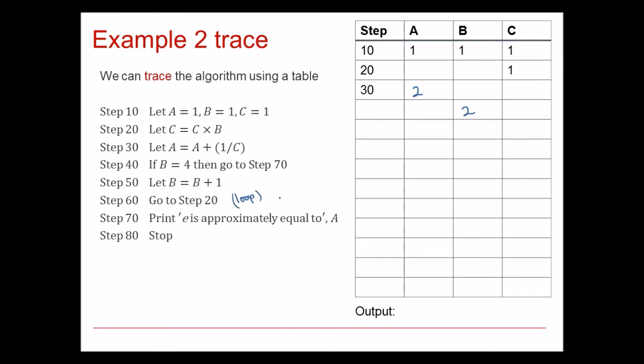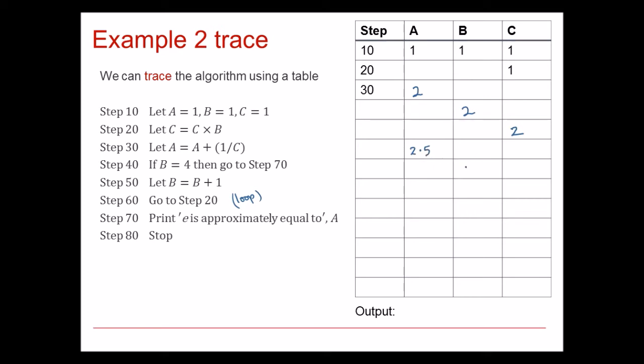So, back to step 20, let c equal c times b, we would have 1 times 2, which would give us 2. Then, in step 30, we have let a equal a plus 1 over c, which would give us 2 plus a half, which gives a value of a of 2.5.